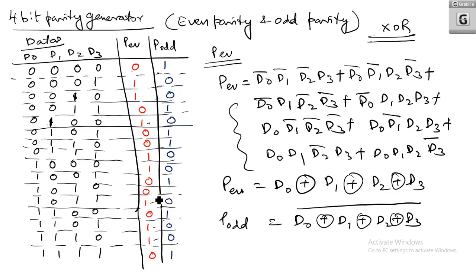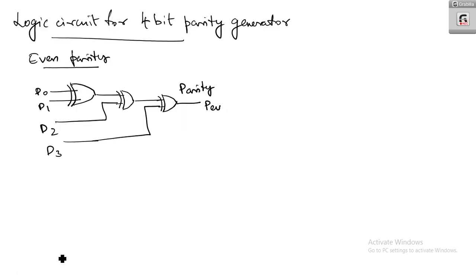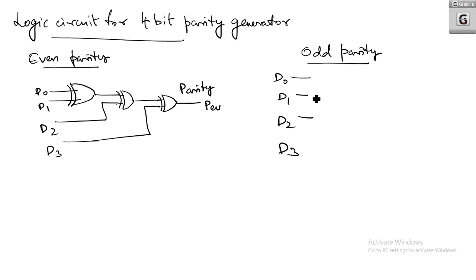Now, how will you take the odd parity? So you are going for odd parity. The logic circuit will be like this. D0, D1, D2, D3. This is the parity generator. D0 will be XORed with D1. Then that result will be XORed with D2. That result will be again XORed with D3.